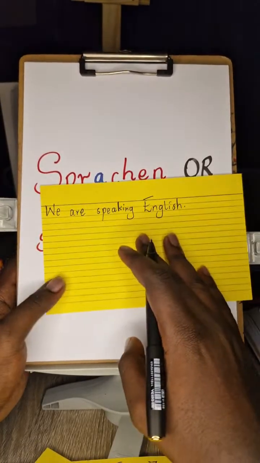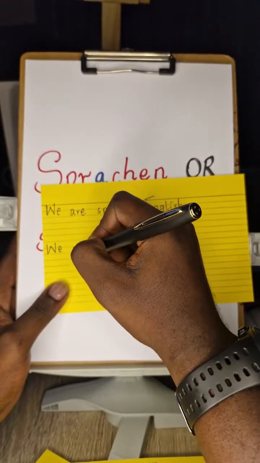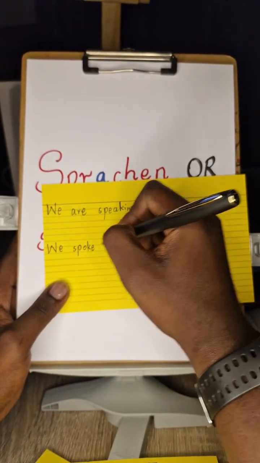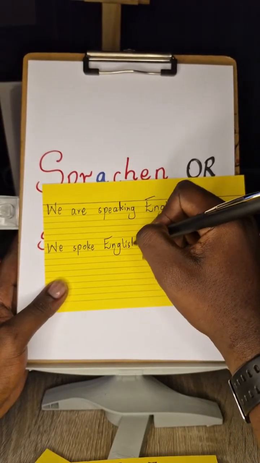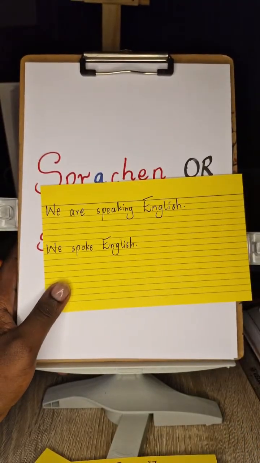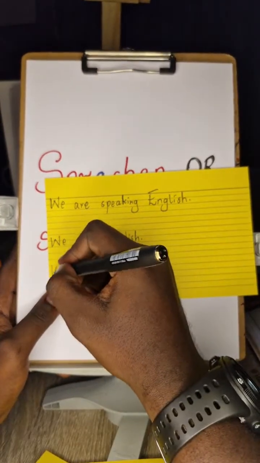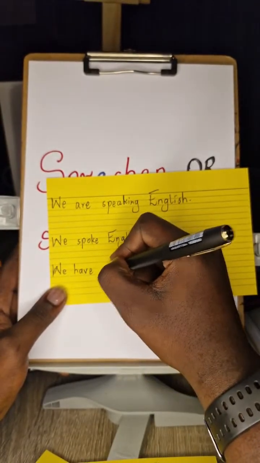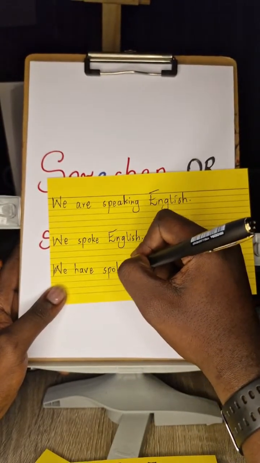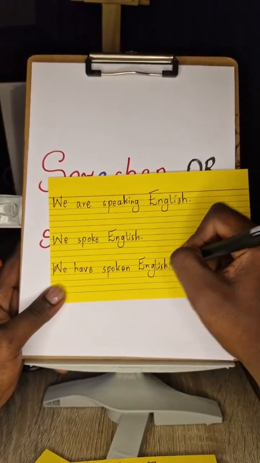And then the second one is, now I want to say, we spoke English. And then the other one is, we have spoken English. Let's go ahead and attempt these three.